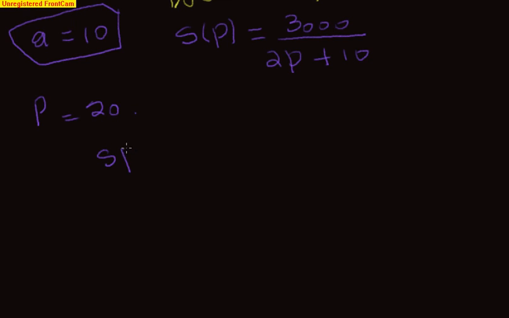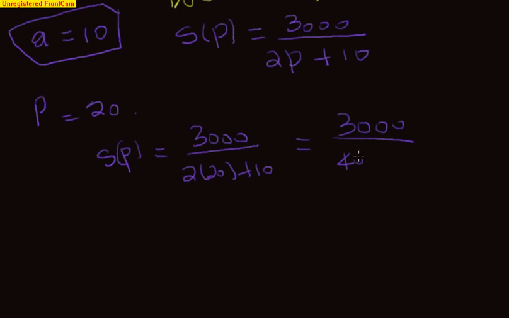S of P is equal to 3000 divided by 2 times 20 plus 10. That's equal to 3000 divided by 40 plus 10. I'm doing it step by step to ensure that everyone is able to follow without any mistakes. We can also do this with the calculator.